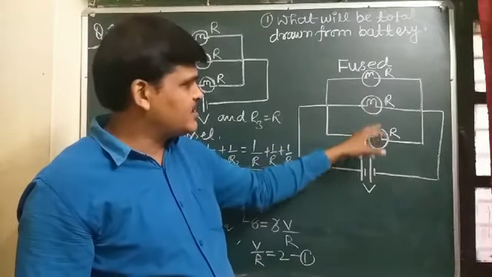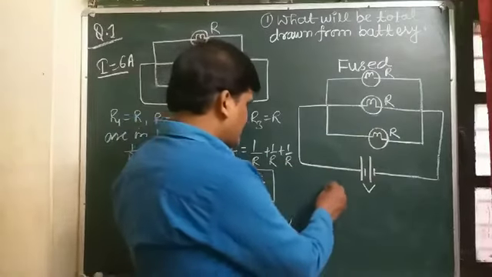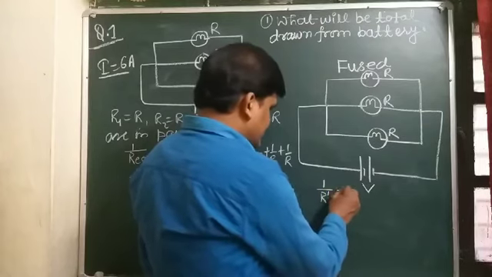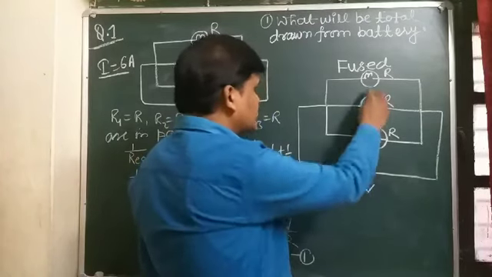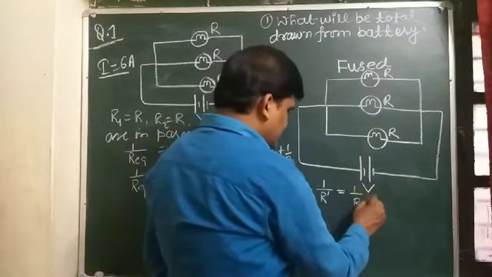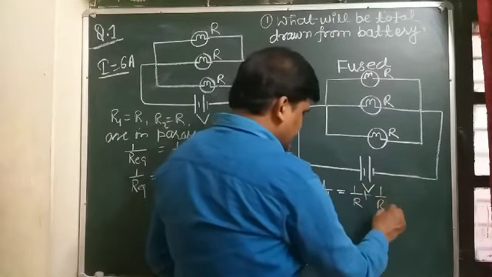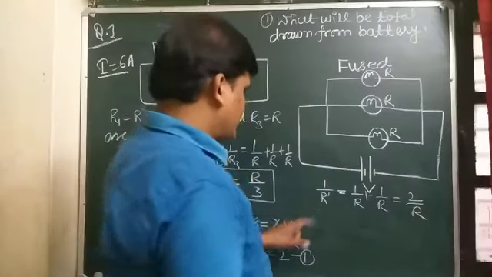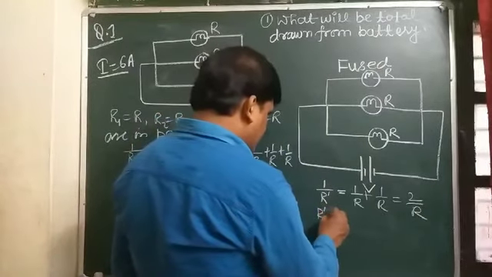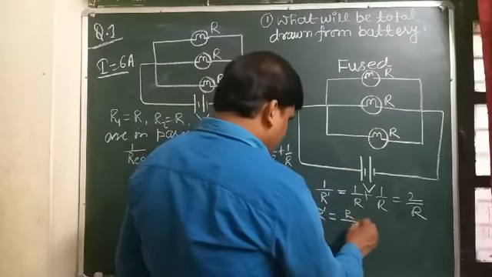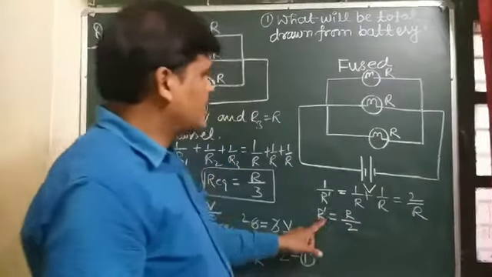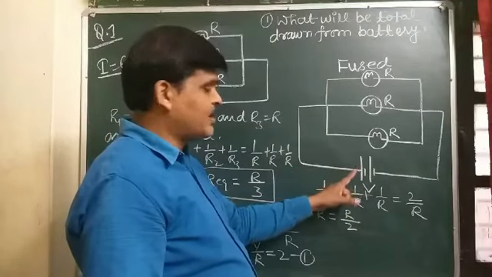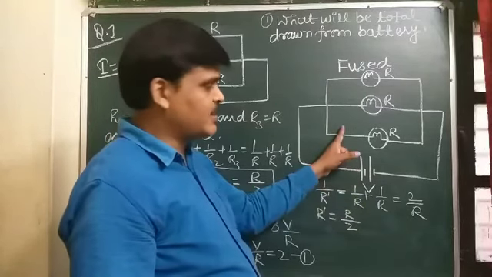The equivalent resistance in the second circuit, R dash, can be written as 1/R dash = 1/R + 1/R, which comes out to be 2/R. And R dash comes out to be the reciprocal, R/2.